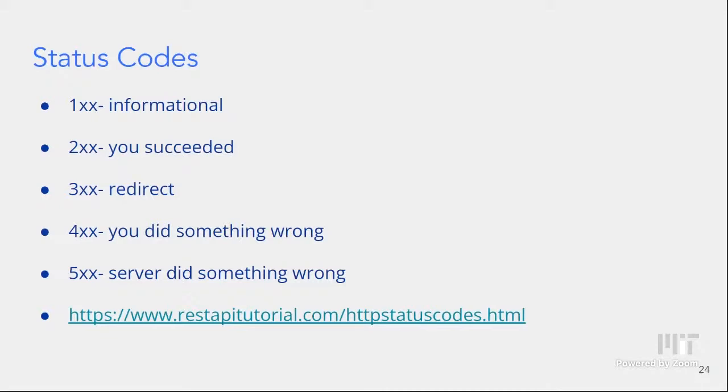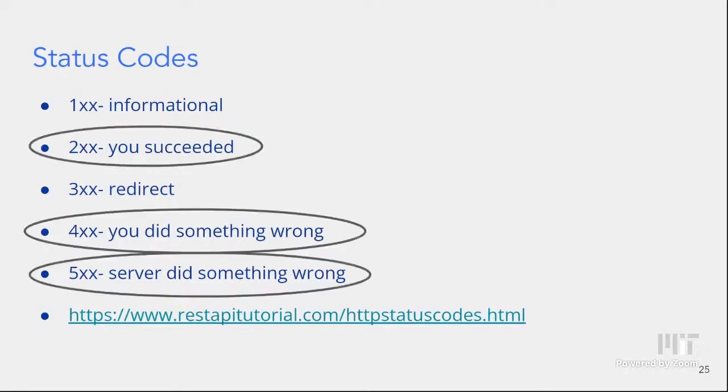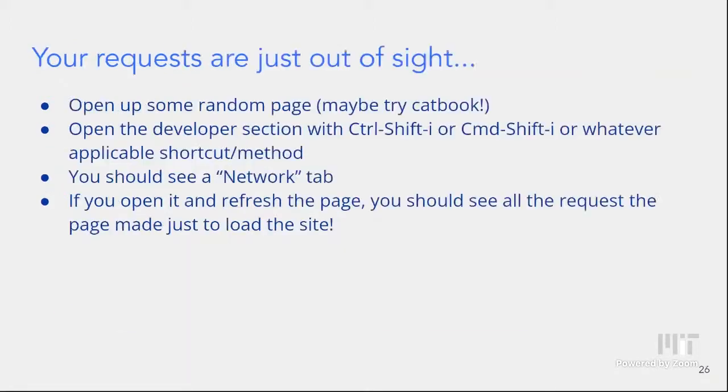And 500 codes generally means that the server did something wrong. So throughout WebLab, you'll probably see the 200, 400, and 500 codes most often. I doubt many of you will encounter a 100 or 300 code.